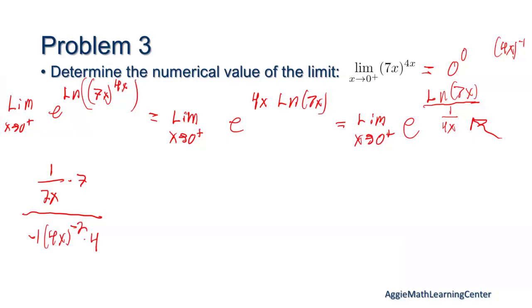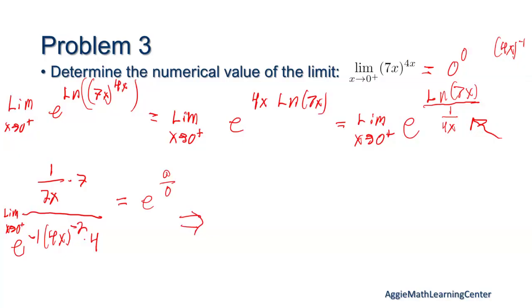But if we were to apply our limit right now, the limit as x approaches 0 from the plus side, we're going to get something along the lines of e to the 0 over 0. That's gross. So we need to manipulate this a little bit. So let's see if we can simplify this power.